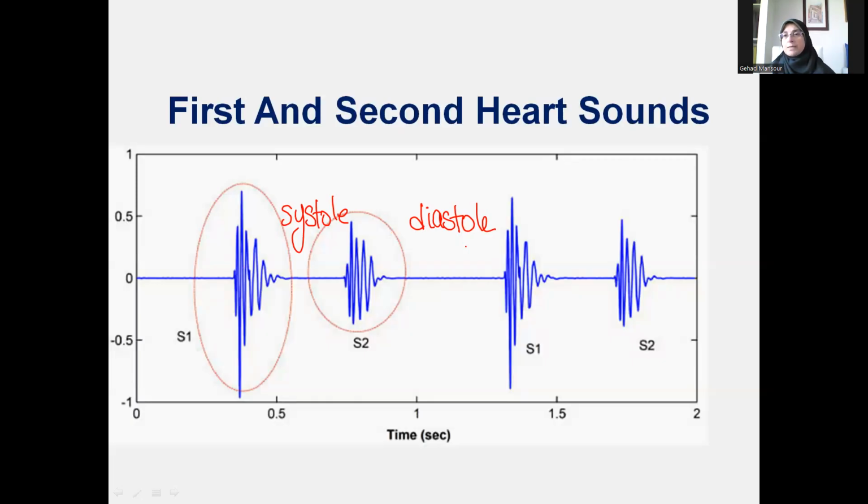Here we might have a very important justify question: justify why diastole is usually longer than systole when you have a normal sinus rhythm. It is in order to allow filling of the ventricles with blood, because the ventricles mostly fill during diastole.